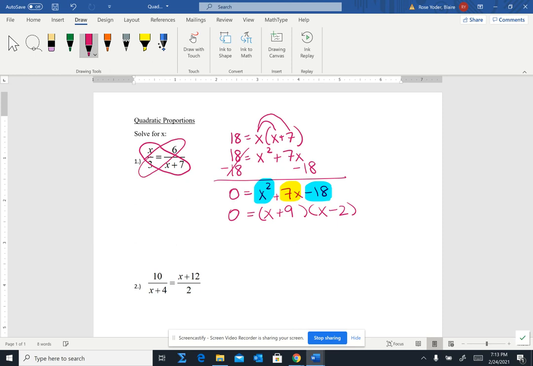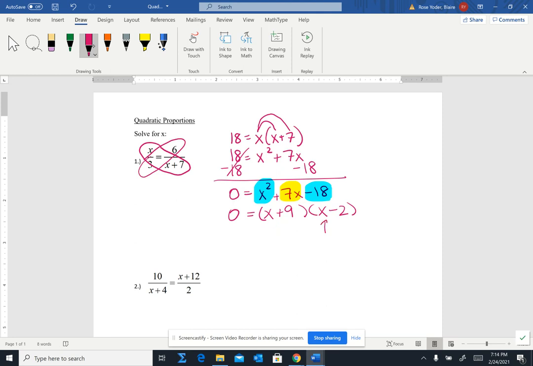All right, and then the final step in order to actually solve and see what x is, you need to use the zero product property. So what that means is anything times 0 equals 0. So if you have 2 numbers multiplied together to get 0, one of them has to be 0. So you need to figure out what x is to get that factor to equal 0, and then you need to figure out what x is to get that factor to be 0.